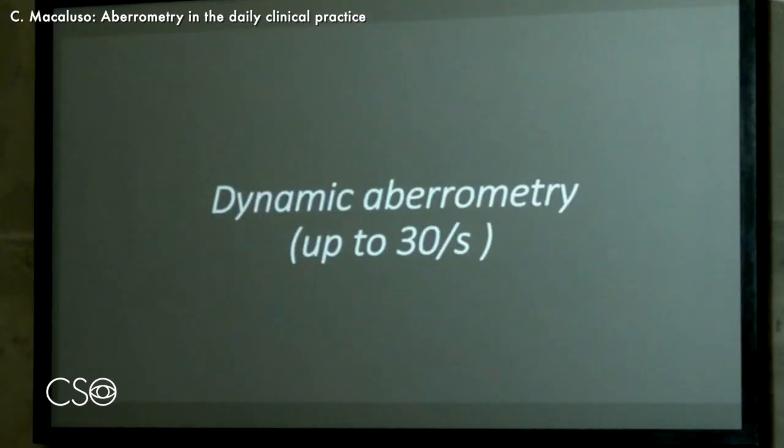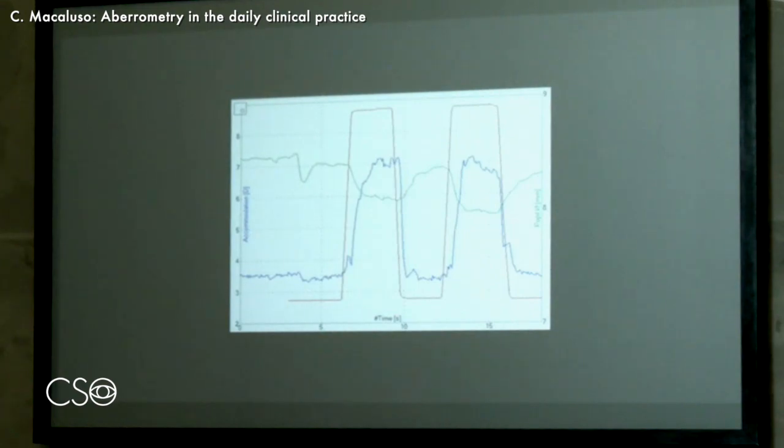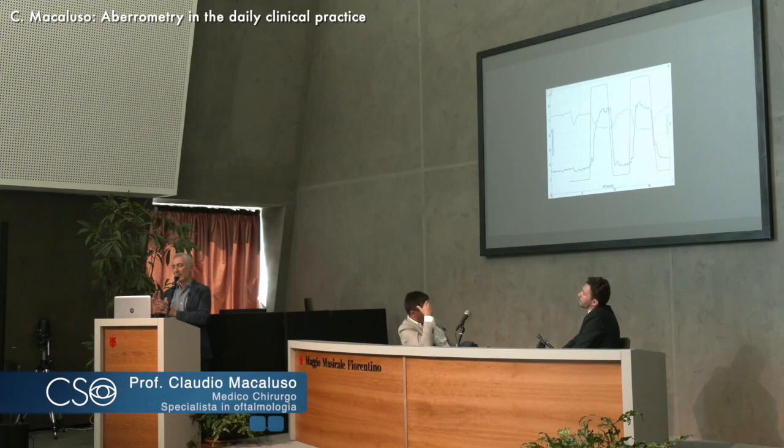astigmatism. The last thing is the dynamic aberrometry that is fantastic. There is a special software in the instrument, and it drives a target that can be focused dynamically at different distances.